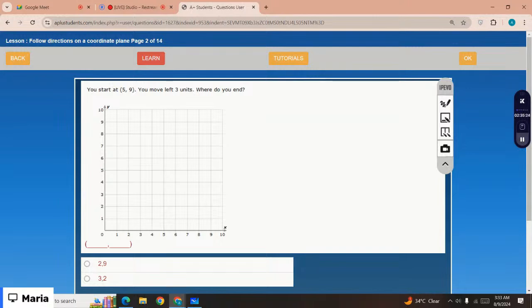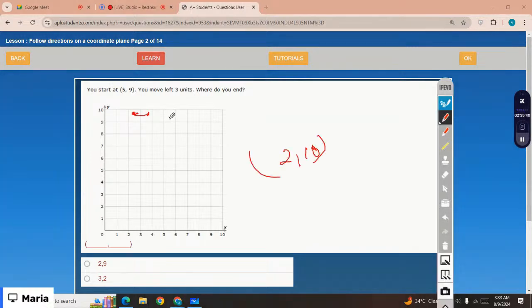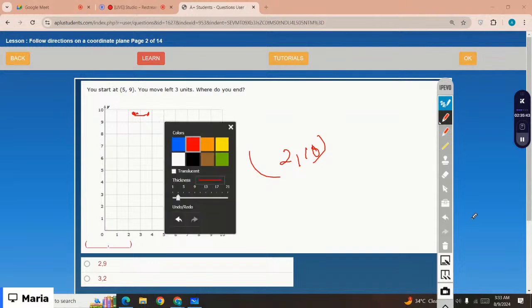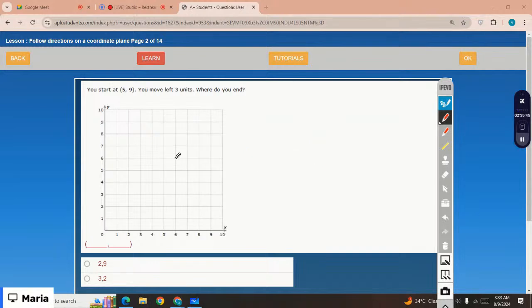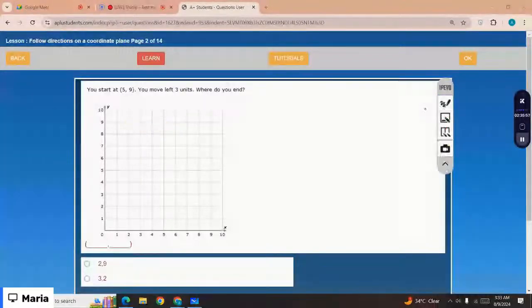You have to move left, right? 5 and 9. Here you are, right? You move left 3 points. 1, 2, 3. You end up on 2 and 9. X is 2, Y is 9. Option number 1 is the correct option.